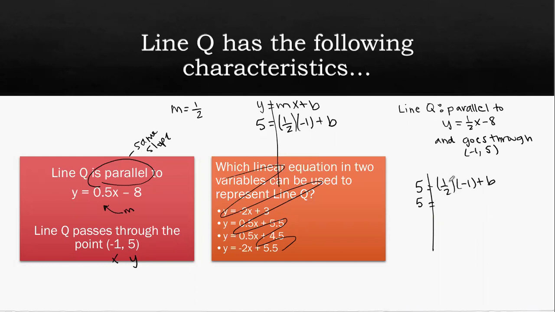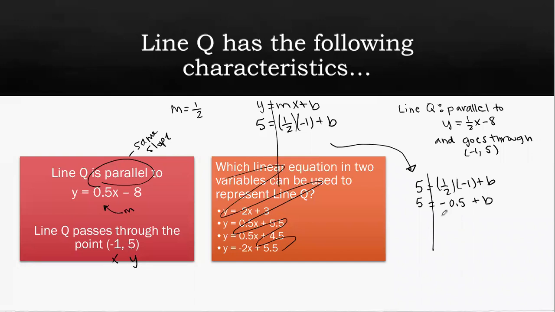Okay. So let's multiply 1/2 times -1. So 1/2 times -1 is -1/2 or -0.5. So 5 equals -0.5 plus b. How would I get rid of this -0.5?